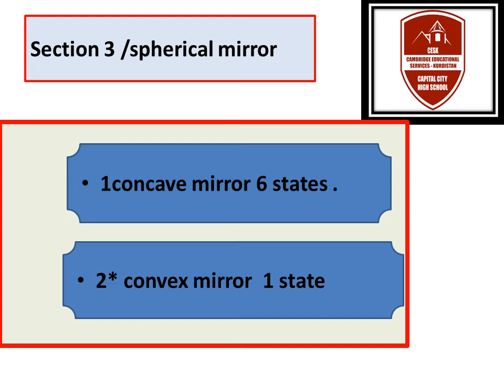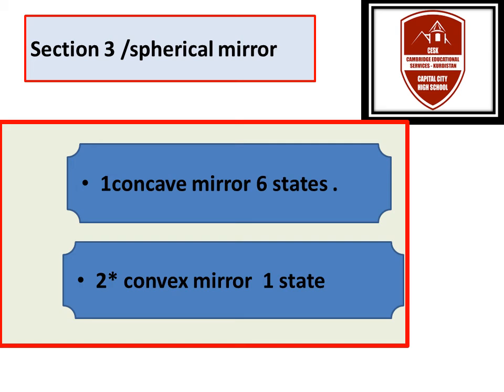And in the 6th state, the image was virtual, upright, biggest. In the other states, 1, 2, 3, 4, the image was real.